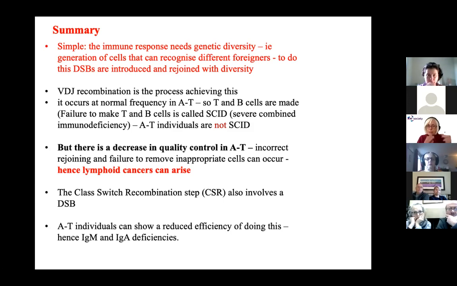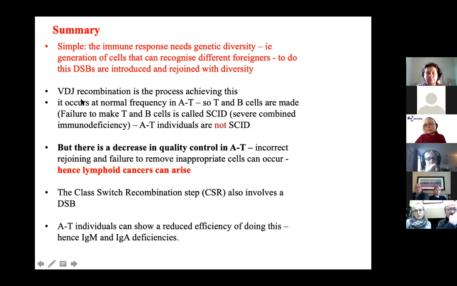You want each T and B cell to be able to recognize a different agent, the coronavirus spike protein, or the measles virus protein, or a whole range of different proteins. In a sense, that is the opposite of our normal process where we want to maintain genetic stability. Here, we want to create diversity.